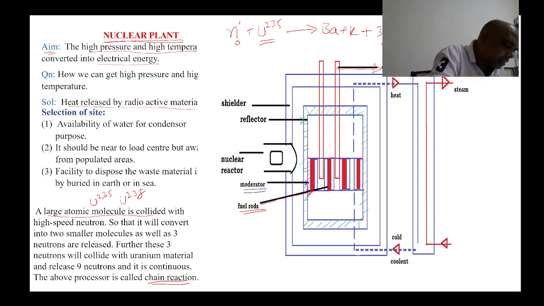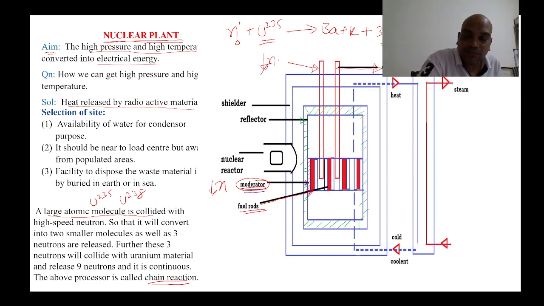What is the function of moderator? It reduces the speed of the neutron. So what is the function of control rod? It also reduces the speed of the neutron.